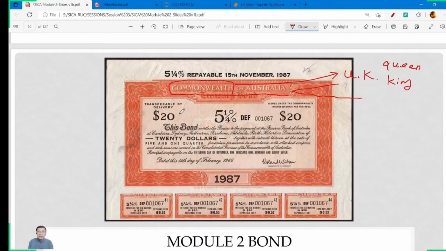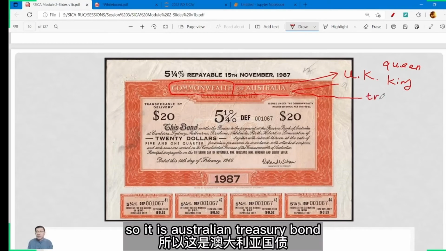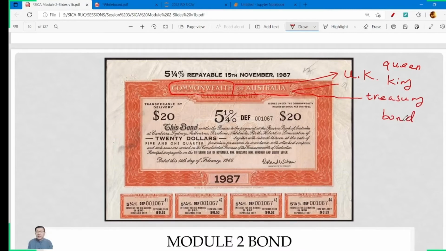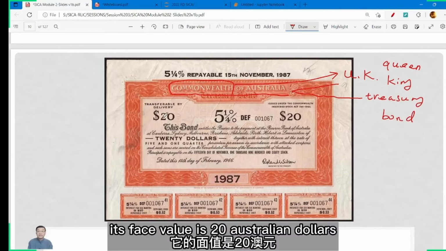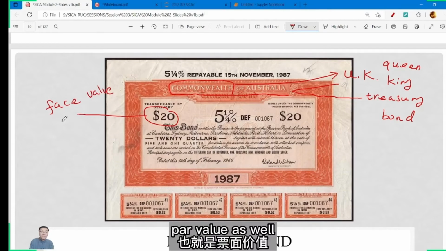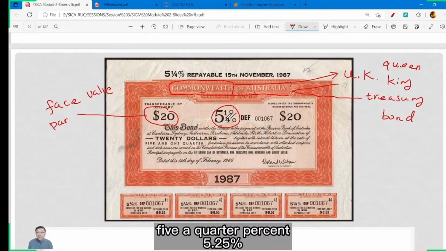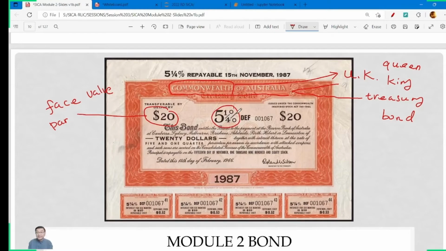These bonds are issued by the Australian government, so they are Australian treasury bonds. Its face value, or par value as well, is 20 Australian dollars. Its interest is 5.25%.